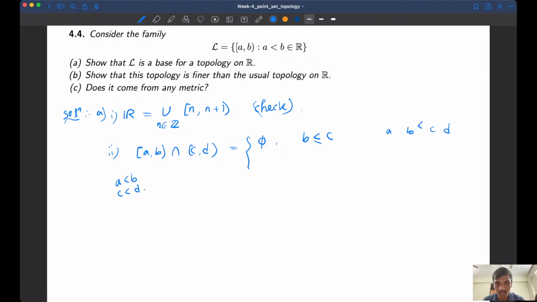So the other possible cases are like A less than C is fine, okay. And C is strictly less than B and this is less than D, right? So B passes over this thing, so C comes in on this side. So in this case it is clearly C comma B, right?